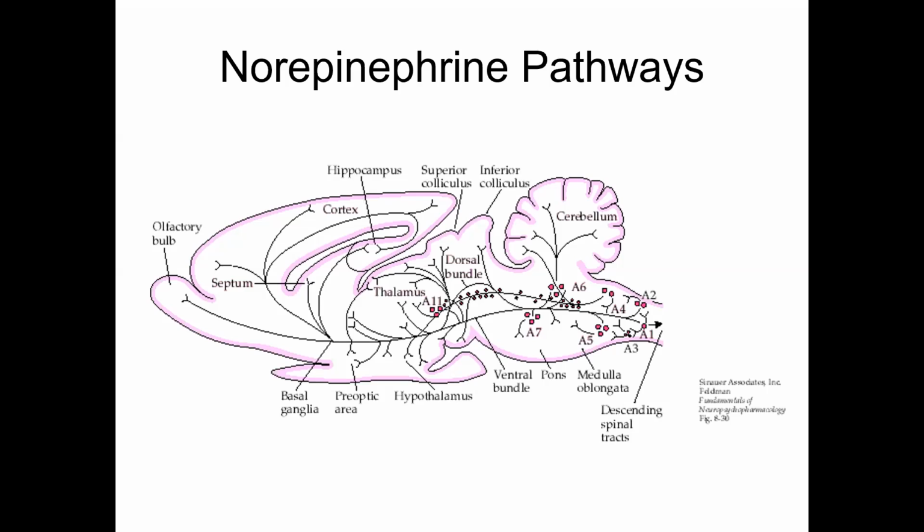Now, also, the A6 cell group interacts with the raphe nuclei, and will actually interact with the substantia nigra and ventral tegmental area.